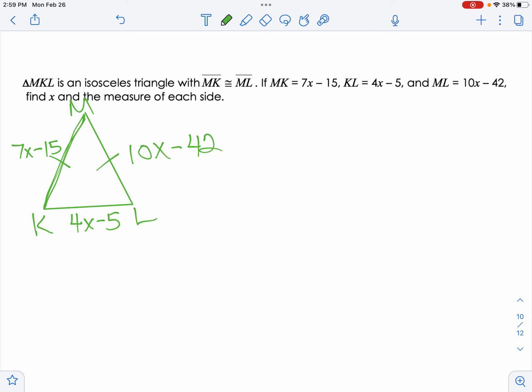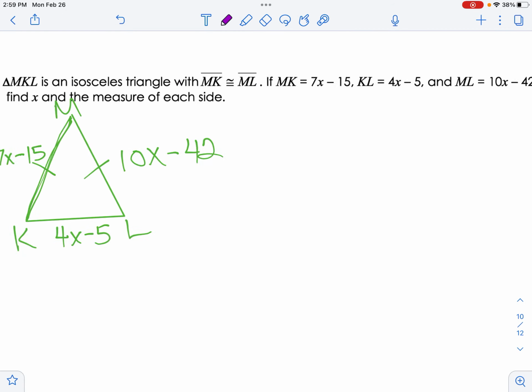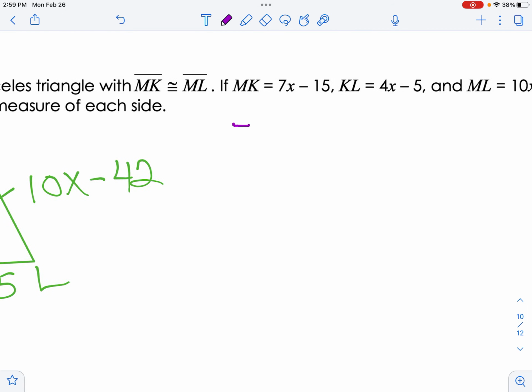Okay, so I know that the 2 sides I marked are congruent, so I'm just going to start there. 7x minus 15 has to be equal to 10x minus 42. And then we're going to just solve that.